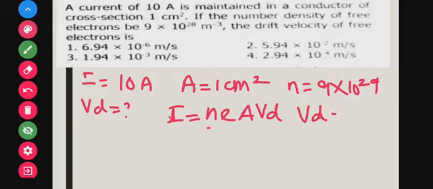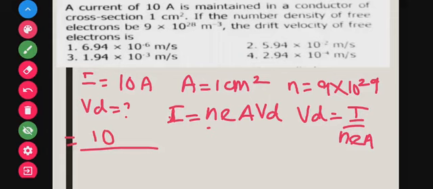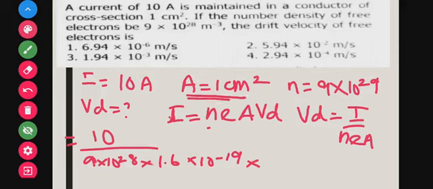So drift velocity is equal to I by NEA. I is 10 ampere, n is 9 into 10 to the power 28, and e is 1.6 into 10 to the power minus 19, into the area. Area is 1 centimeter square, so changing to meter square, it is 1 into 10 to the power minus 2 the whole square, so it will be 10 to the power minus 4 meter square.